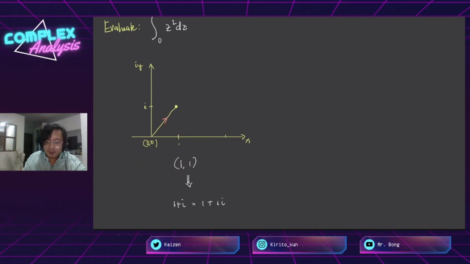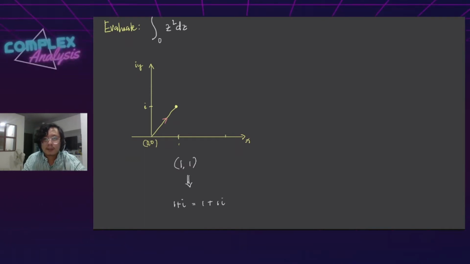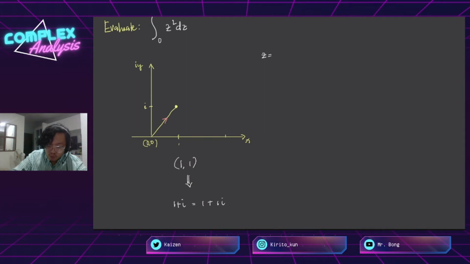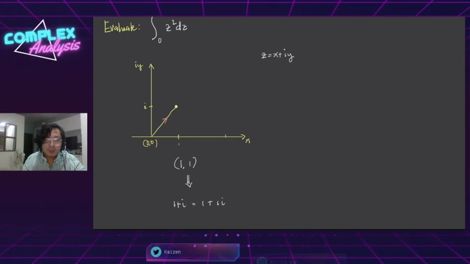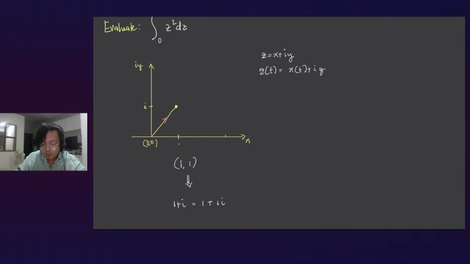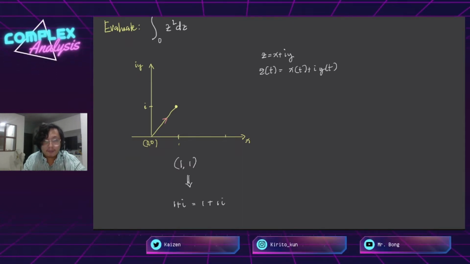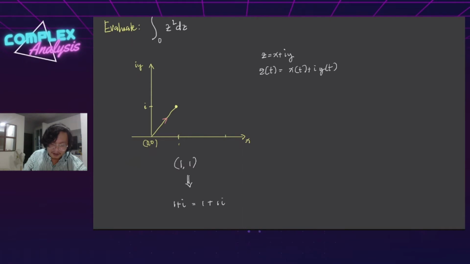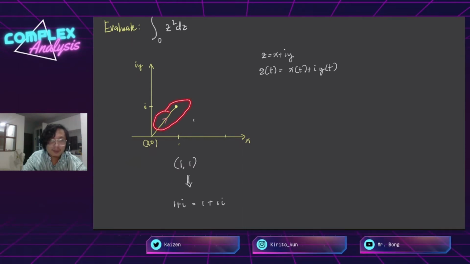Remember, we have z equal to x plus iy. If z is a function of t, then it implies that x and y are both functions of t, so x(t) plus i y(t). Then we can look at our path here and see what kind of path we have.